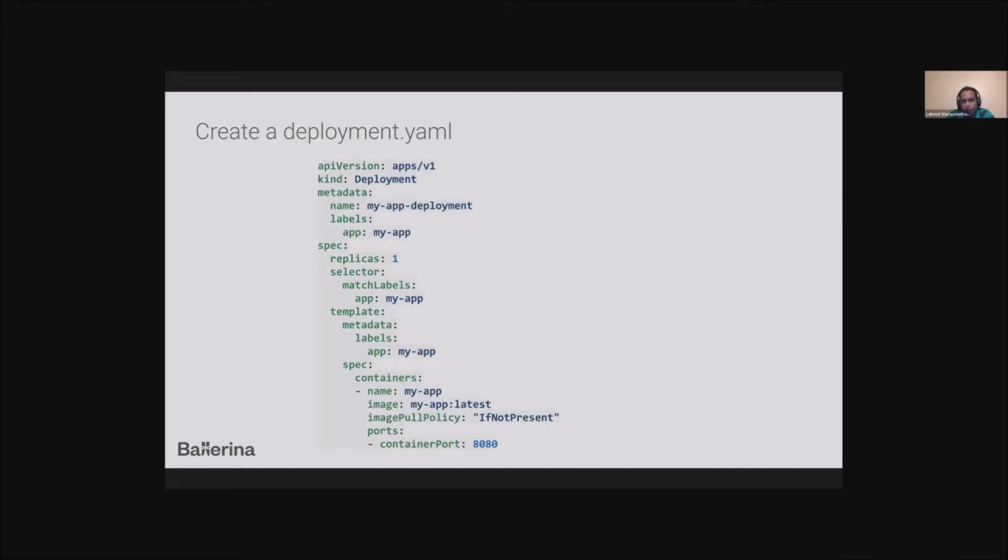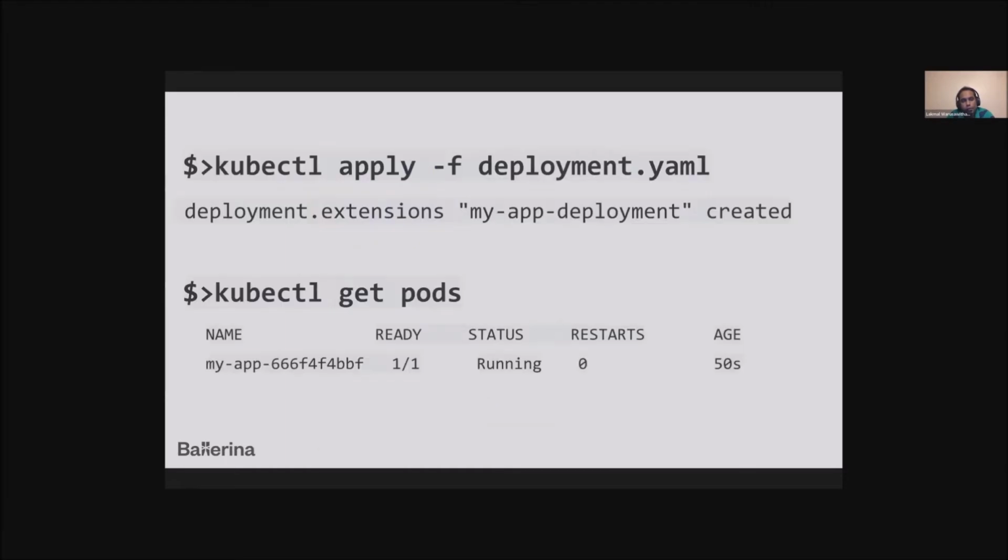To create a Kubernetes deployment, you can use either an imperative or declarative way. This is a declarative way. You can create a deployment YAML. So you can mention which Docker image you are going to use and some other properties in YAML format. After that, you can use the kubectl toolkit to deploy this deployment into Kubernetes.